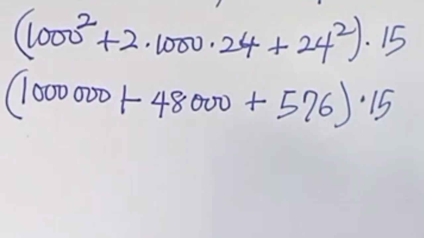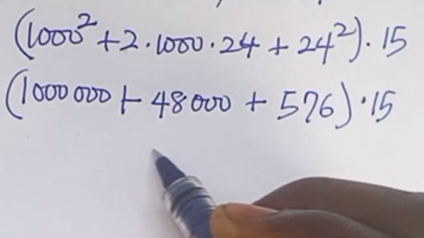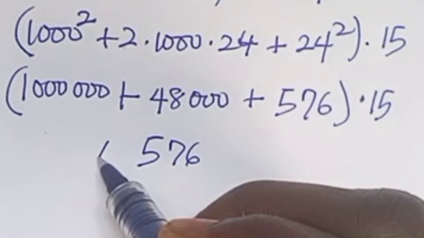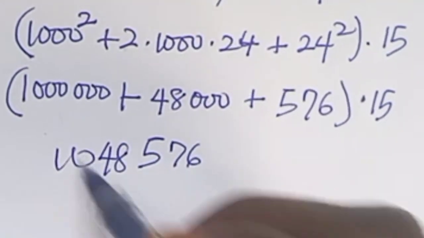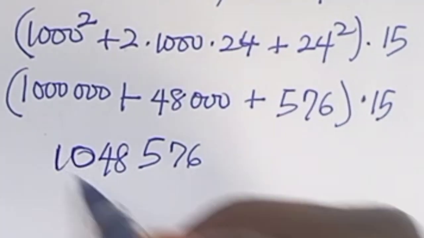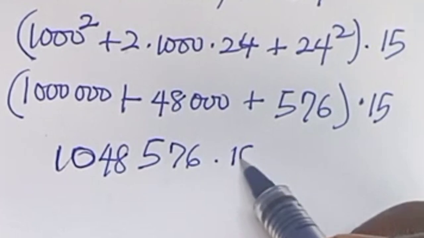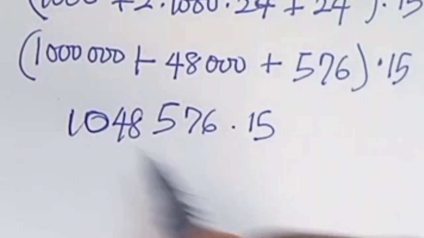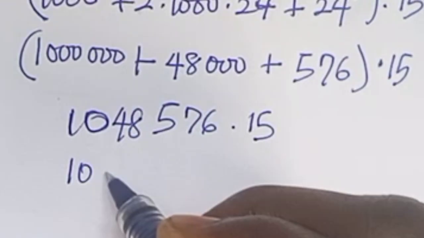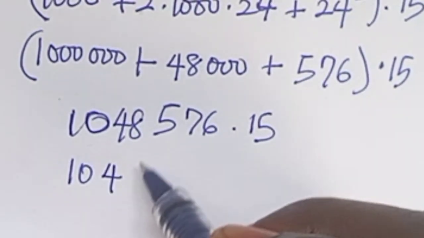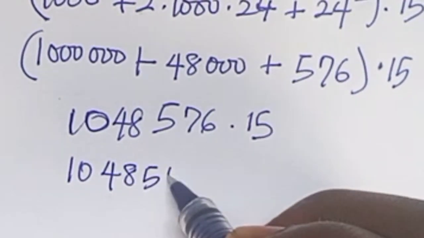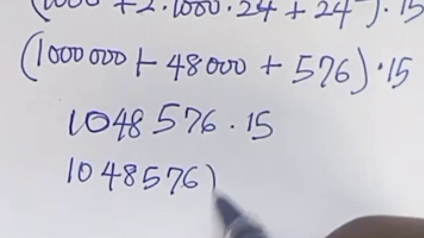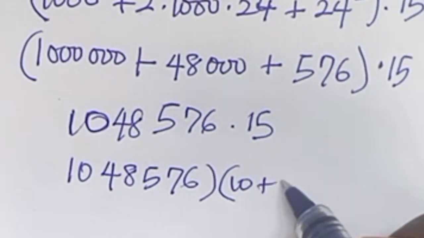So if we add this up, we're going to have 1,048,576 times 15. And again, 15 can be split as 10 plus 5, so that we'll have 1,048,576 times (10 plus 5).